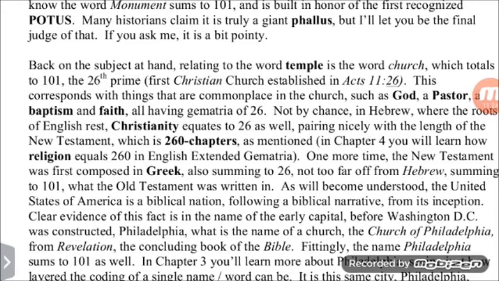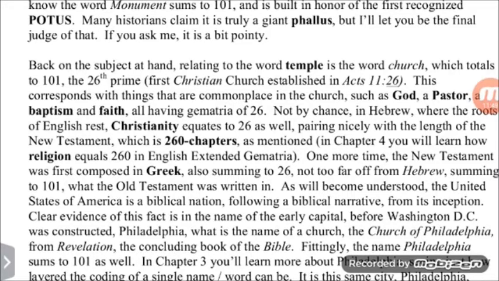This corresponds with things that are commonplace in the church, such as God, a pastor, a baptism, and faith, all having gematria of 26. Not by chance, in Hebrew, where the roots of English rest, Christianity equates to 26 as well, pairing nicely with the length of the New Testament, which is 260 chapters as mentioned in chapter 4.